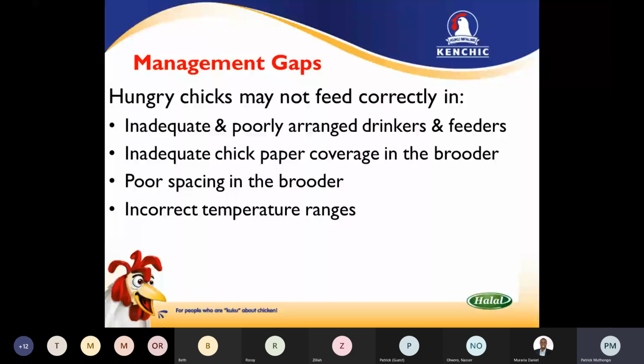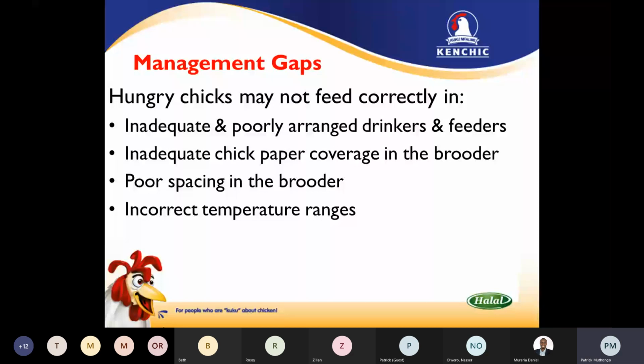Probably the temperature is sometimes high, sometimes low, affecting the normal behavior of the bird. Probably the brooder is too large, or too small, and there's a lot of congestion. You need at least around 65% of the floor space covered by either feed or water during the first few days of life for the birds, maybe 5 to 7 days.